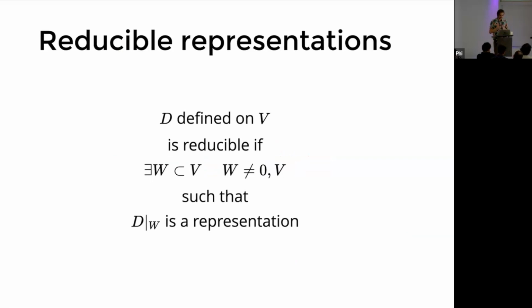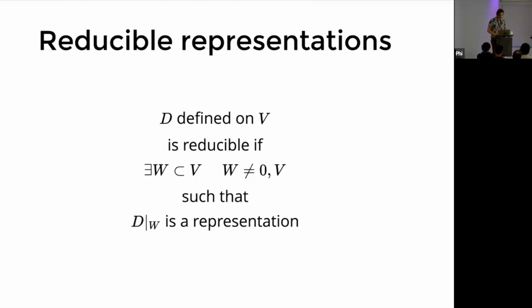when you make a tensor product is actually a so-called reducible representation. What does that mean? A representation is reducible if there exists a subvector space, let's say W in V, such that if you restrict your representation to this subvector space, it is still a representation.